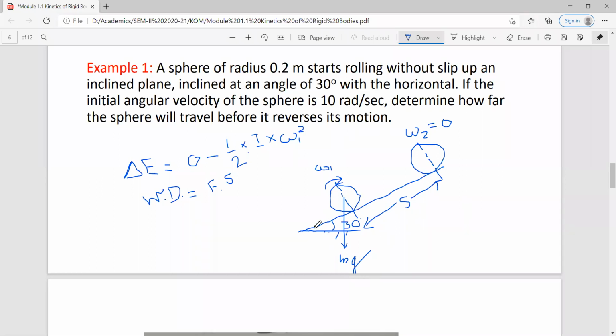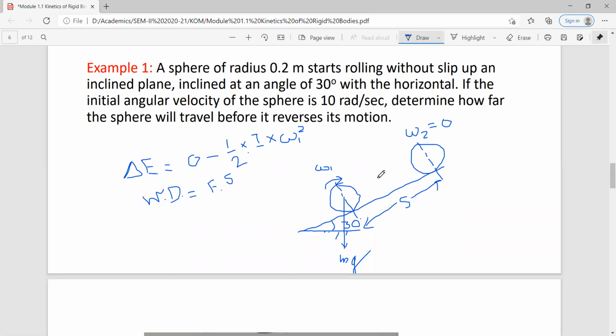How can we resolve it in two components? For that we need some angle. Mg cos 30 and Mg sin 30. Mg sin 30 will act along the plane or perpendicular to the plane? Along.